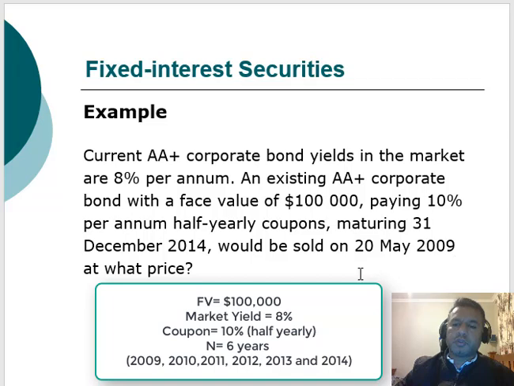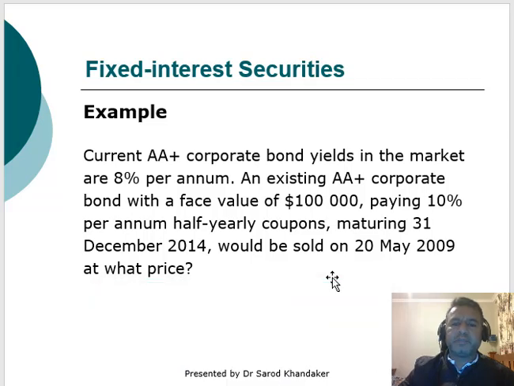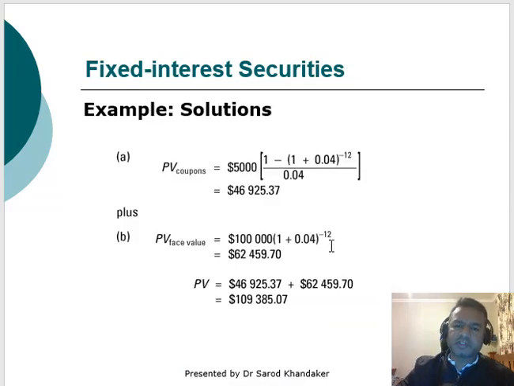So from 2009 till 2014, how many years are there? We need to first calculate. If you take the full years 2009, 10, 11, 12, 13 and 14, there are 6 years left. And the bond is paying half yearly coupon payment, so it is paying coupon payment twice in a year. So the N would be 12. So let's look at the next slide.